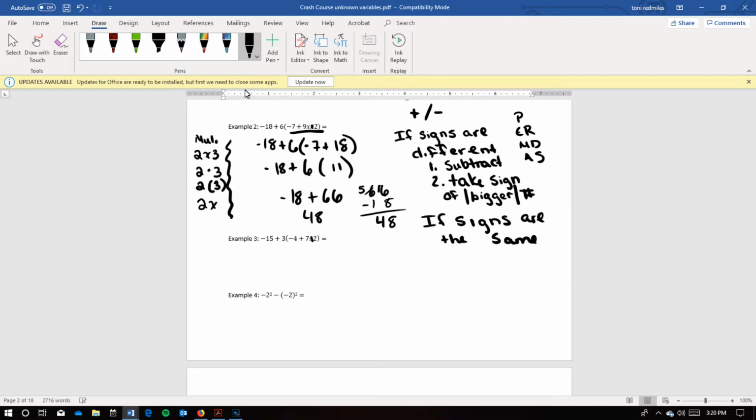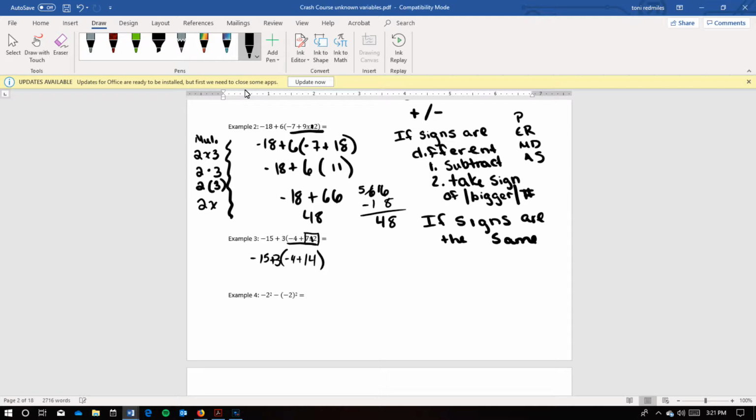Right, and that's positive because the 66 is bigger and it is positive. All right, so now we're on this one. Again, I have to start with this multiplication. That is going to be 14. I have to keep my parentheses. This one's exactly like the other one. We still don't have any same signs to talk about, but if we don't run across one by the end of this, I'll just give you the rules.